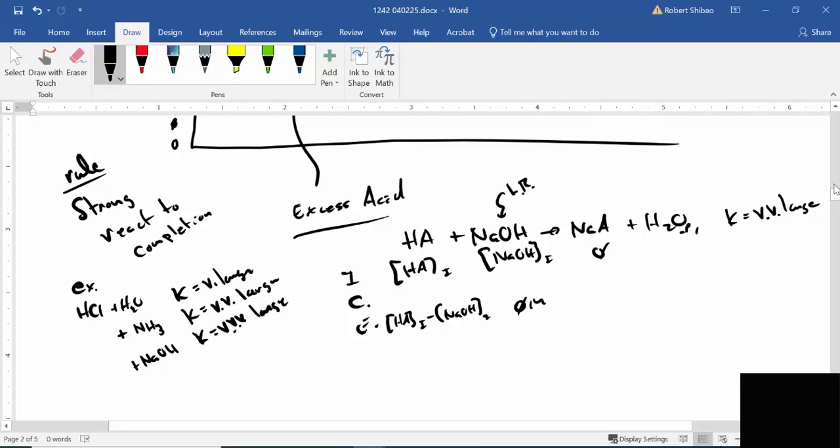And the amount of sodium A I'm going to get is going to be equal to the limiting reagent, which is going to be sodium hydroxide initial. This is step one. When we look at the products of step one, what do you see?